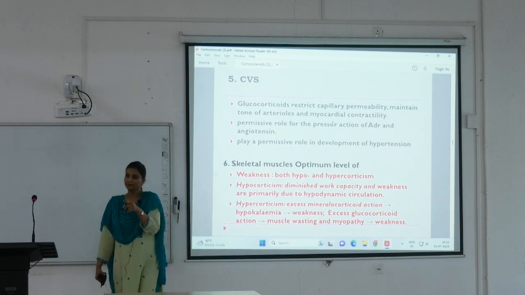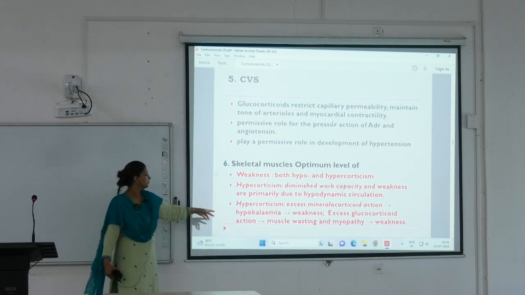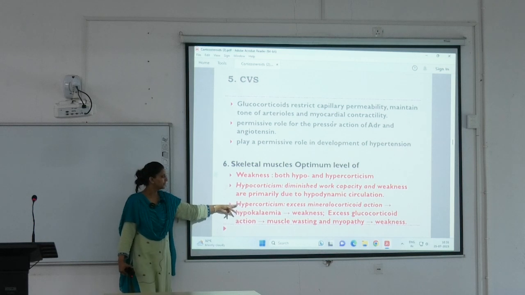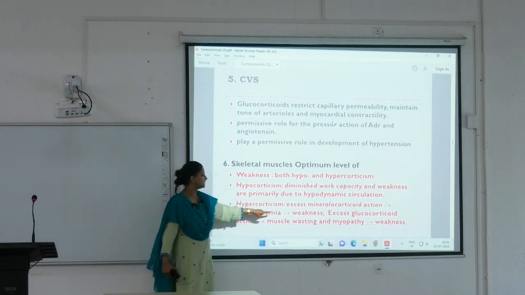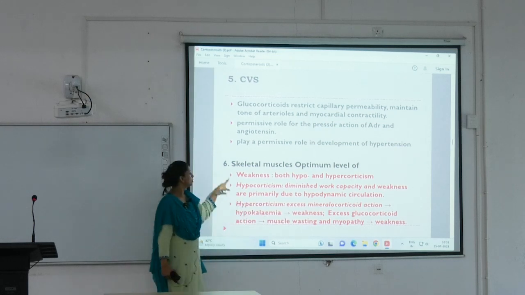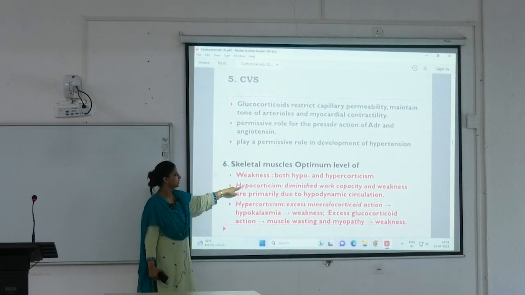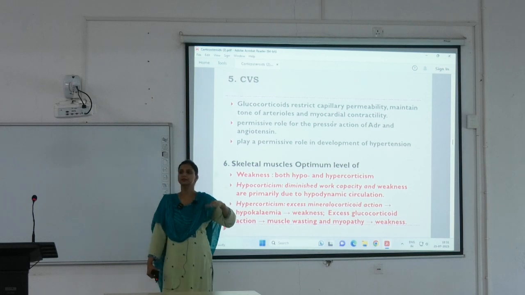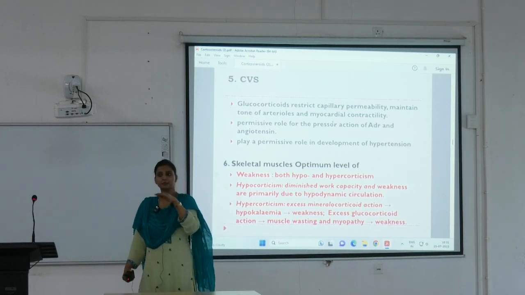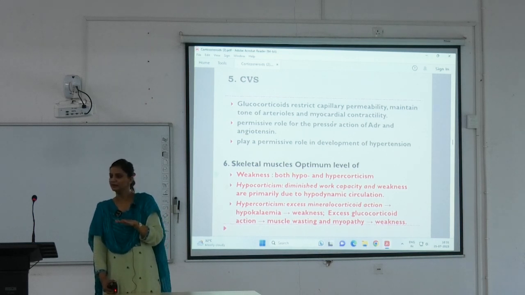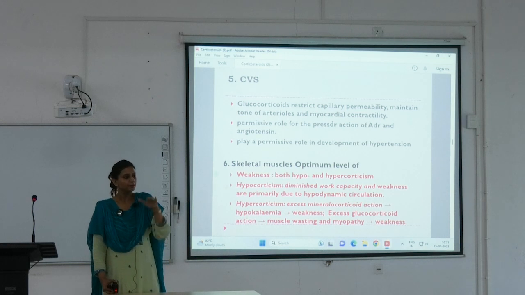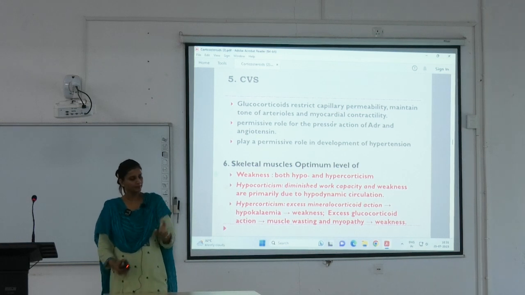Understood, because of hypokalemia. When hypercorticism occurs, there is excess mineralocorticoid, so there will be hypokalemia, that will lead to weakness. And when hypocorticism occurs, there is diminished work capacity because of the diminished permissive action of adrenaline. So the whole circulation will be in a diminished state, okay, BP will be low, weakness will be there.